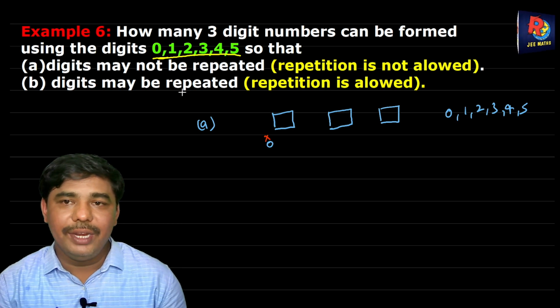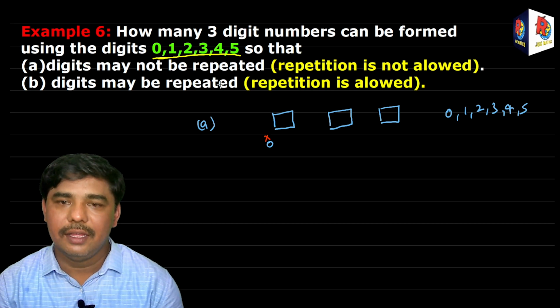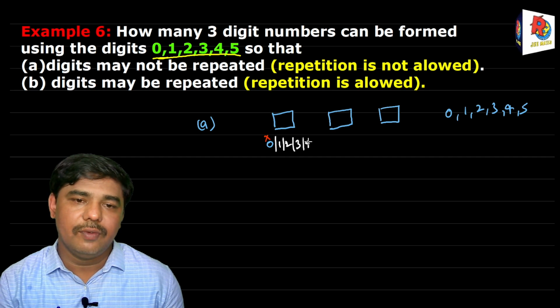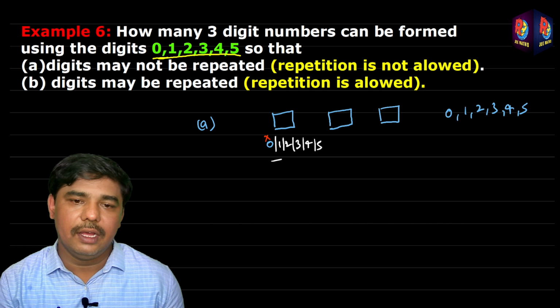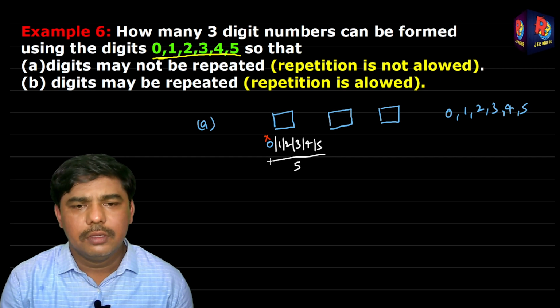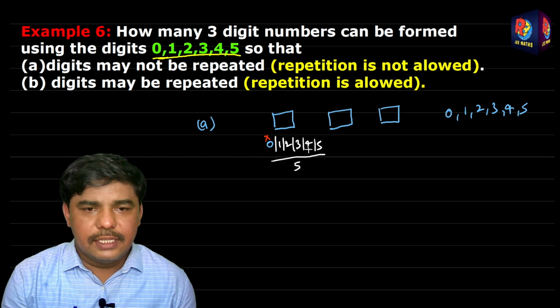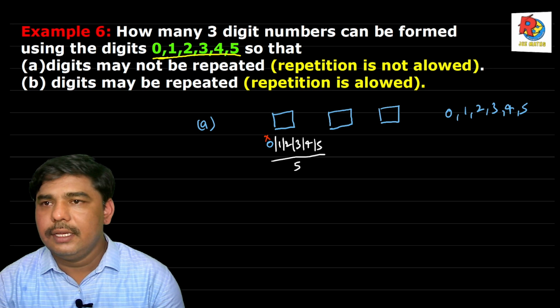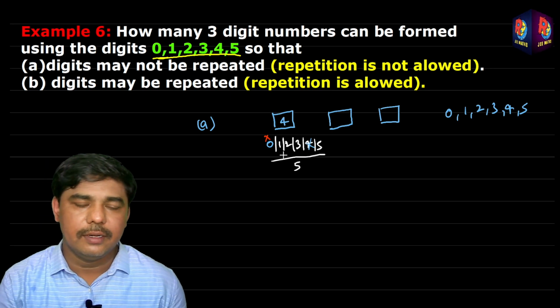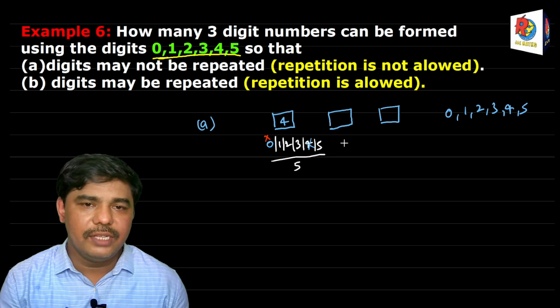So how many choices are there here? If we don't take the 0, we can take 1, 2, 3, 4, or 5. There are 5 choices here. Let us assume that I have taken 4 here. Then how many choices remain?